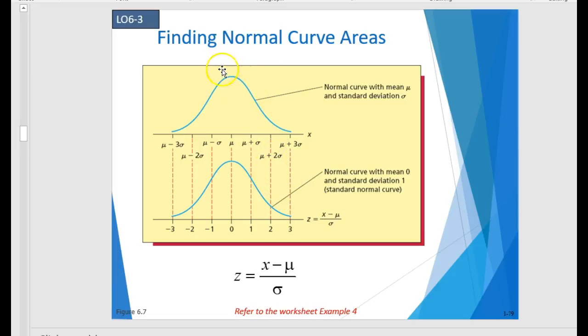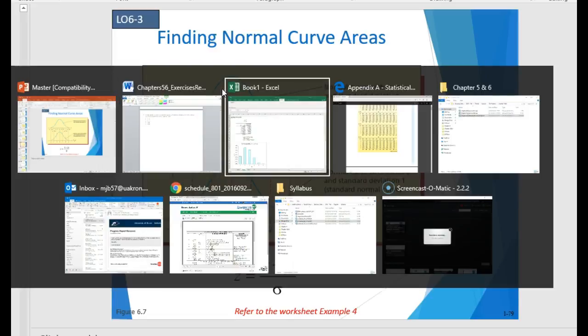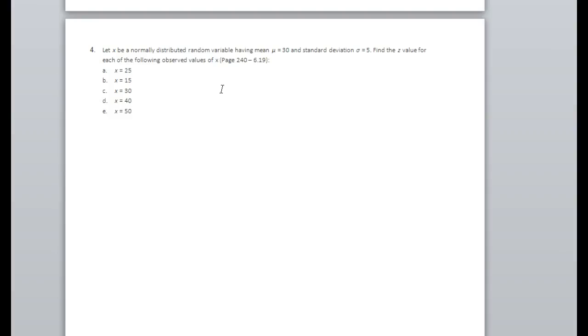Okay, so we're going to use a z-score in order to turn something into the standard normal curve, because then we're going to be able to just go look up values in the back of the book and be able to determine probabilities. So we're going to get some practice in with just calculating z-scores. It's a very simple thing. As you can see by the formula, z is just equal to x minus mu over the standard deviation. So without any further ado, let's go to the worksheet.